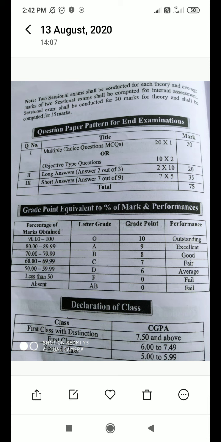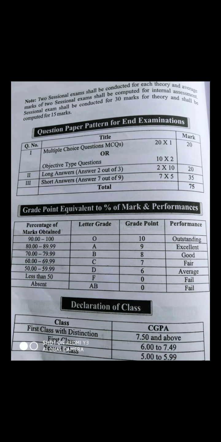Then short answers, in which you have to answer 7 out of 9, 5 marks for each answer, so 7 into 5 is 35. 35 plus 20 plus 20 becomes 75. Okay.